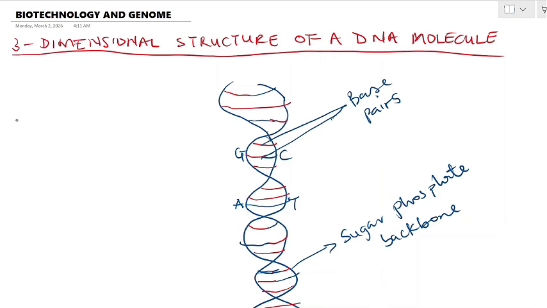So you have a key: W stands for your cytosine, and the red stands for your guanine.